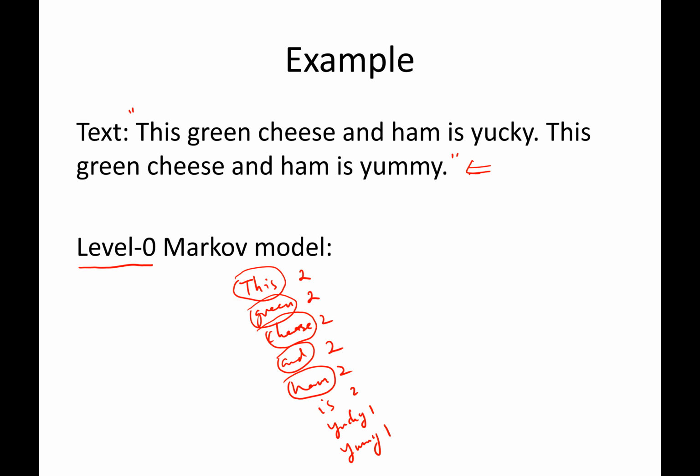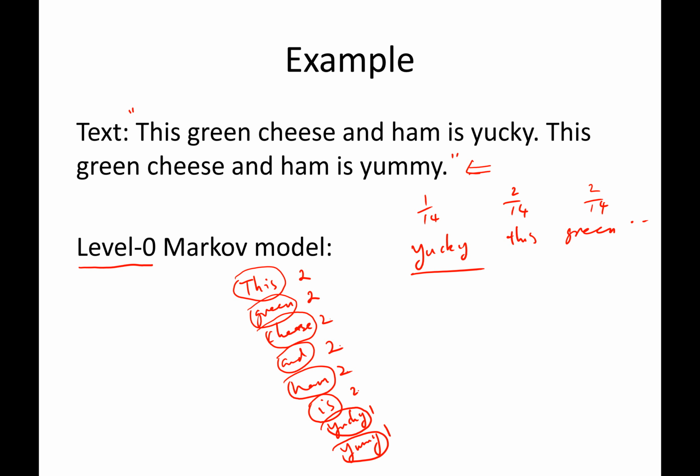So you generate a random word as you go. The first word may be yucky, and the chance for each word is basically its frequency. The total occurrences are 2, 4, 6, 8, 10, 12, 14, so the chance to generate yucky is 1 out of 14, and the chance to generate this is 2 out of 14, green is 2 out of 14, and so on.